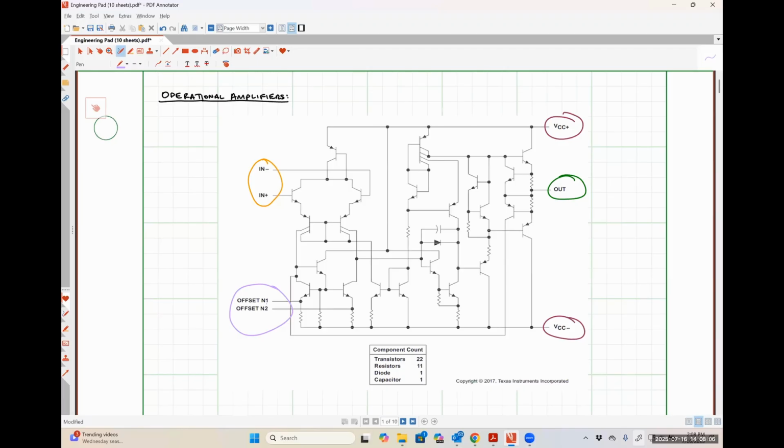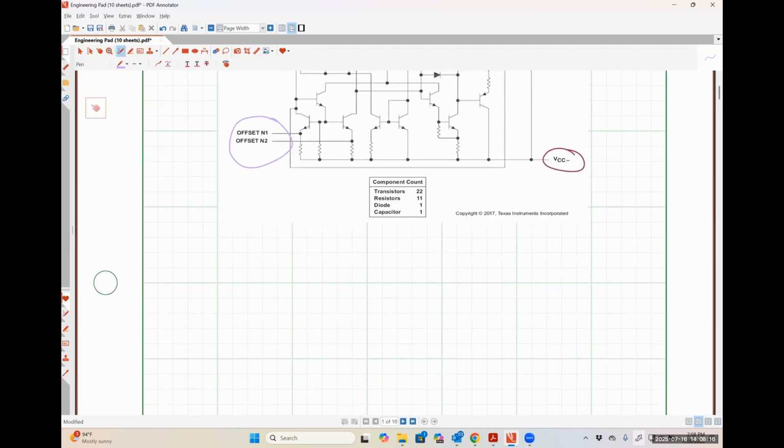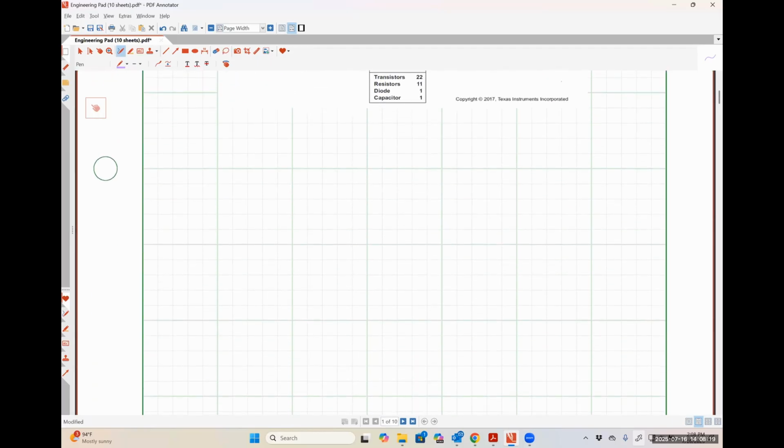Okay, so let's get this big, scary, horrifying thing out of our mind, and let's talk about op amps from our perspective. So this symbol for an op amp is going to look something like this. We're going to have a triangle like so.